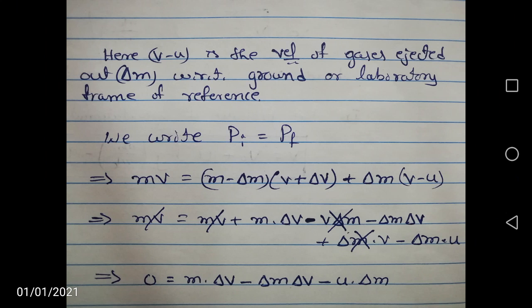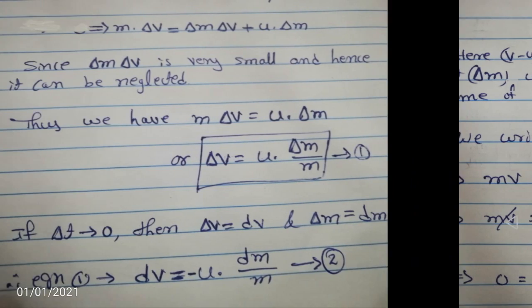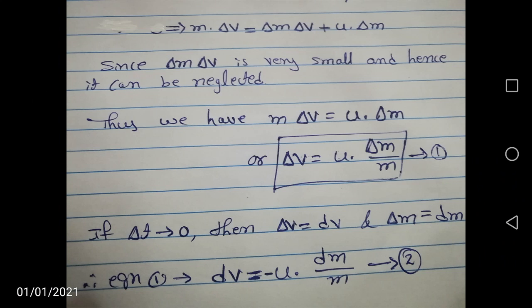Thus we write Pi equal to Pf, that is, the momentum of the rocket before and after the time interval delta t: mv equals (m minus delta m) into (v plus delta v) plus delta m into (v minus u). On solving, we get 0 equals m delta v minus delta m delta v minus u delta m, which implies m delta v equals delta m delta v plus u delta m.